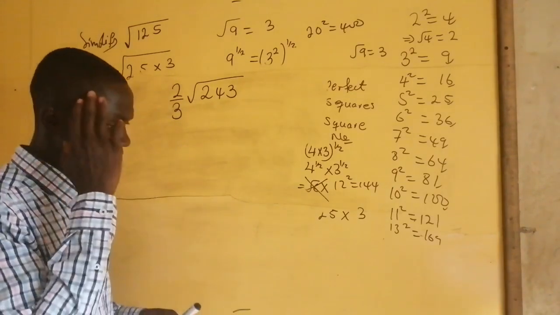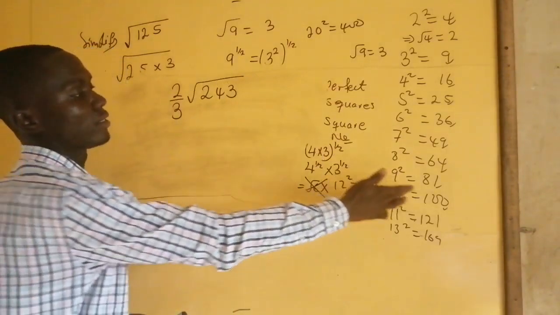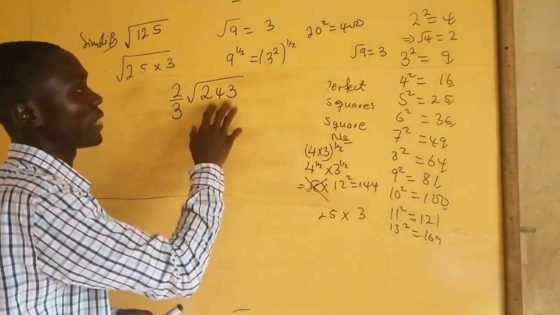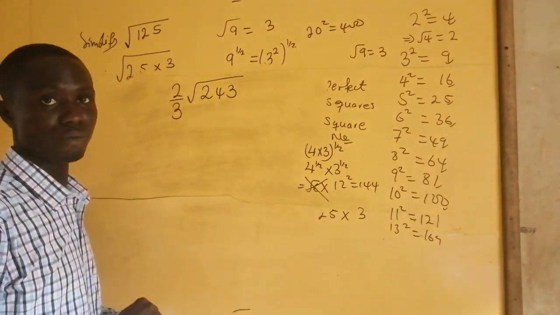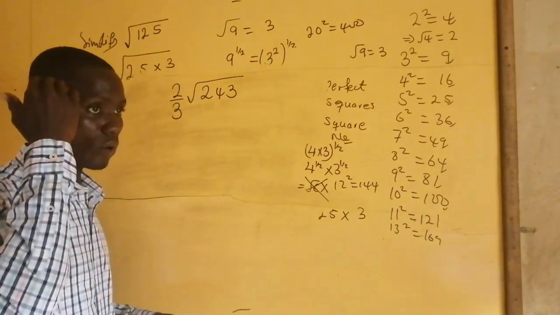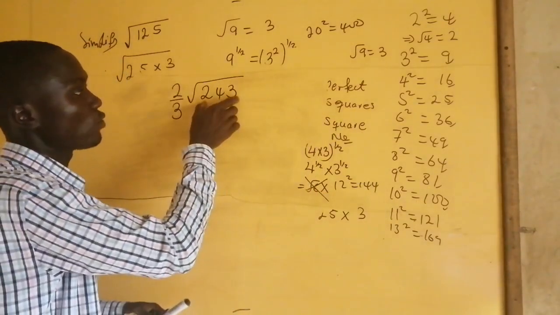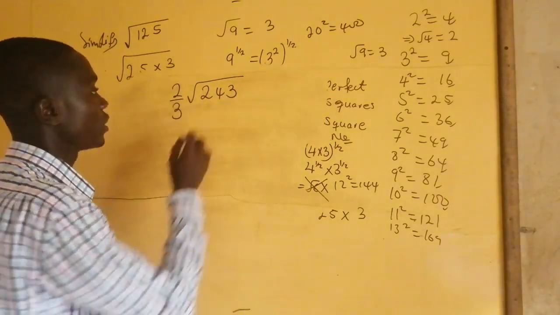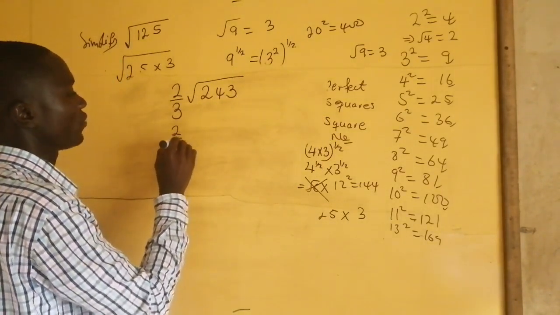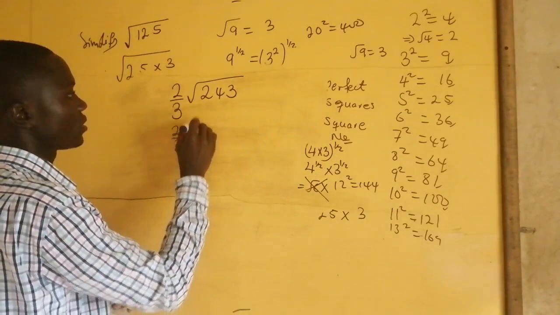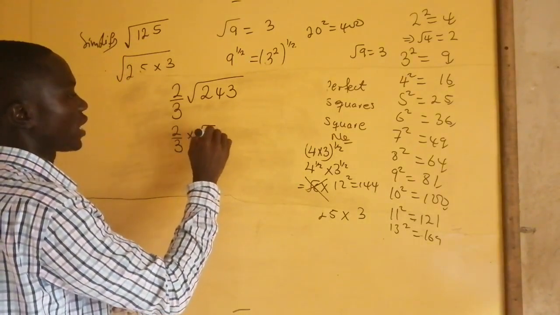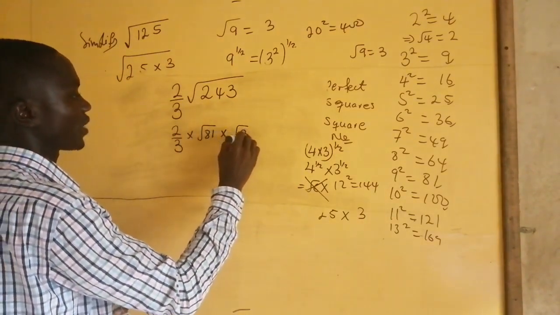So this one, I thought of 81, and then multiplied 81 by 3. Wow. I thought of 81 and then multiplied it by 3, because 81 times 3 is 243. So this one is 2 on 3 times square root of 81 times square root of 3.